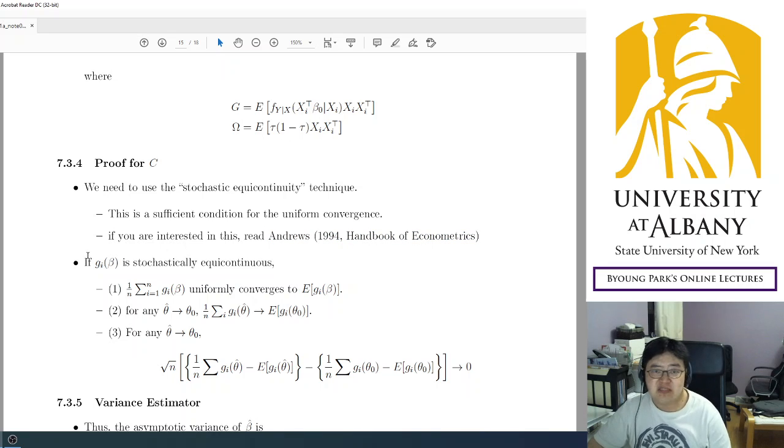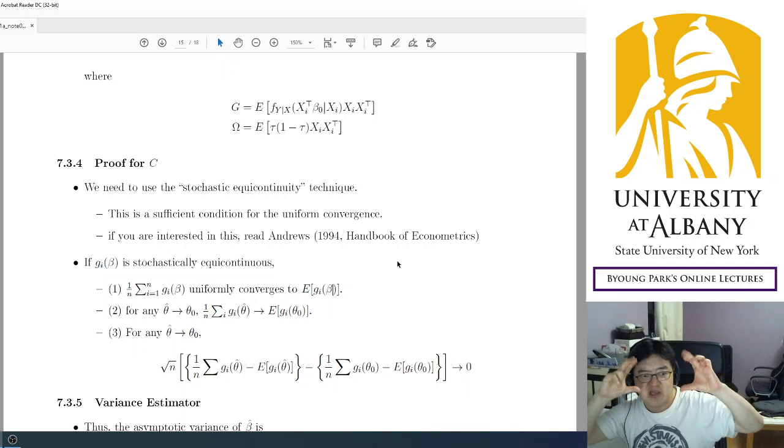And then what does it mean? Its implication is, if a function is stochastically equicontinuous, this uniformly converges to this. And my explanation was pretty obvious: the convergence rate is similar at close points.